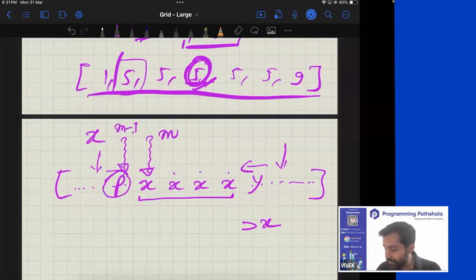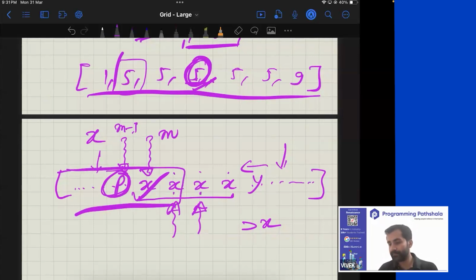If the value at mid minus 1 is different, for sure this is the first occurrence. But on the other hand, let's say your mid was here. The moment you would have checked for mid minus 1, you would have realized that, hey, this is also x. So you can say with guarantee that this is not my answer. My answer is lying in the left side. So that is the entire idea.